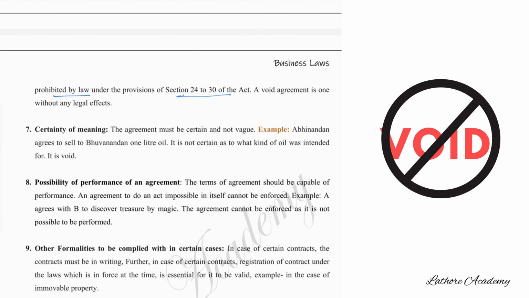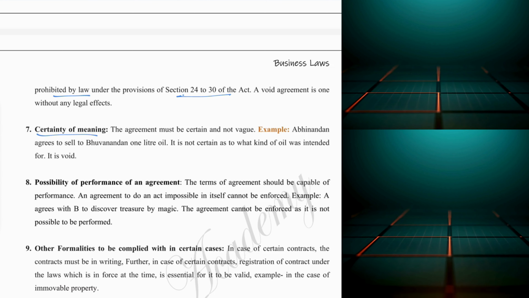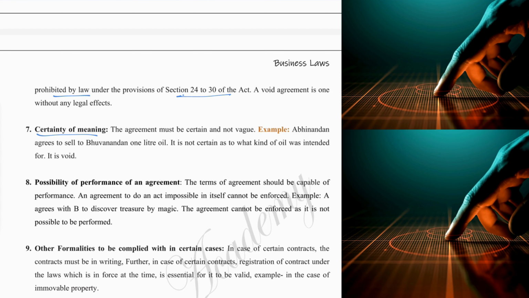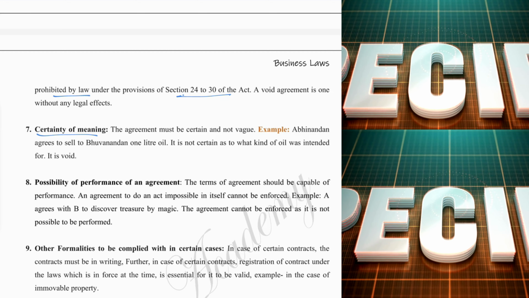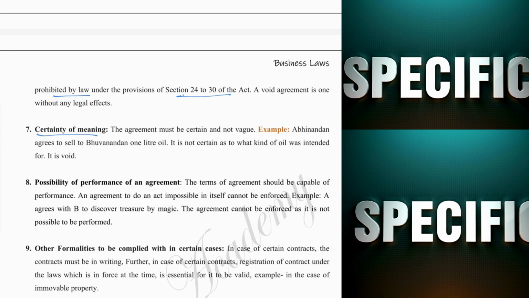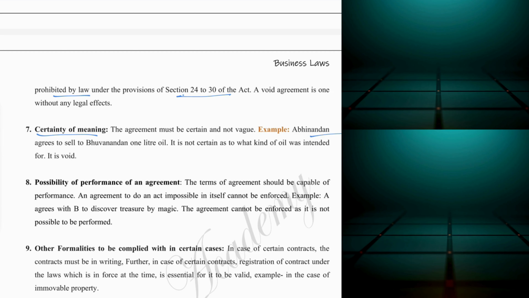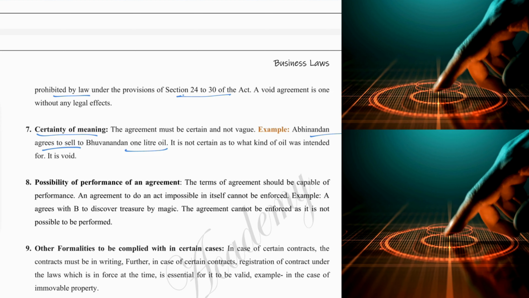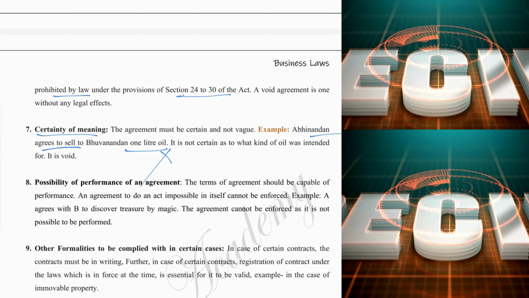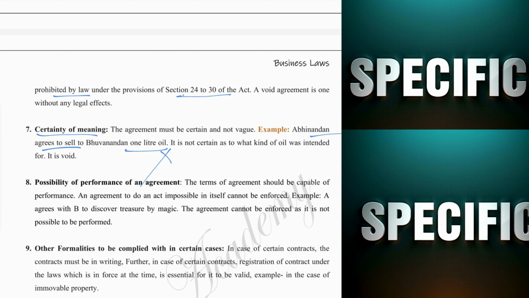Moving on to the next essential element, that is certainty of meaning. The meaning has to be certain enough that there should not be ambiguity or vagueness at the time of entering into an agreement. So in this case, when Abhinandan is agreeing to sell Bhuvanandan 1 liter of oil, it does not specify what type of oil he intends to sell.